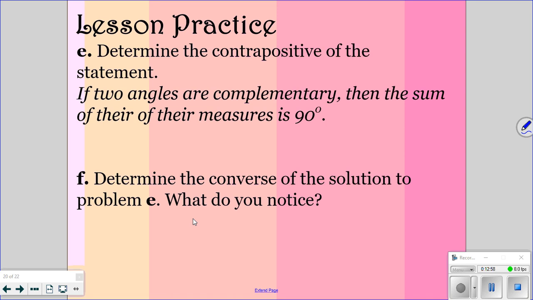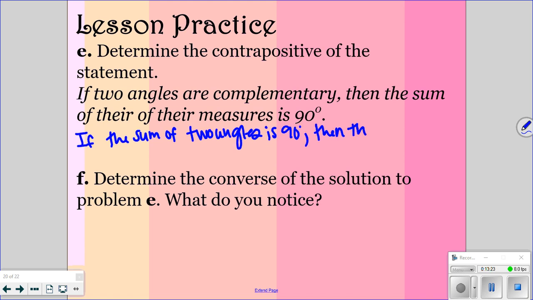So the contrapositive is when you switch and negate. So if the sum of two angles is 90 degrees, then they are complementary.